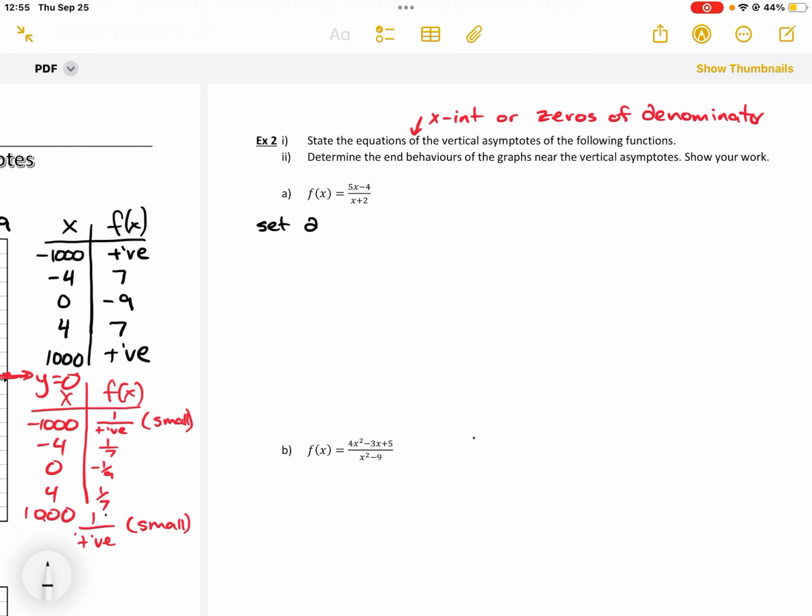So x plus 2 equals 0. Therefore, x equals minus 2, which means that my vertical asymptote is x equals minus 2.